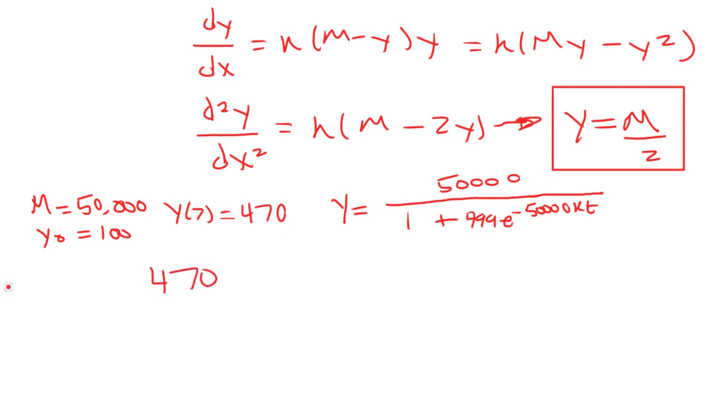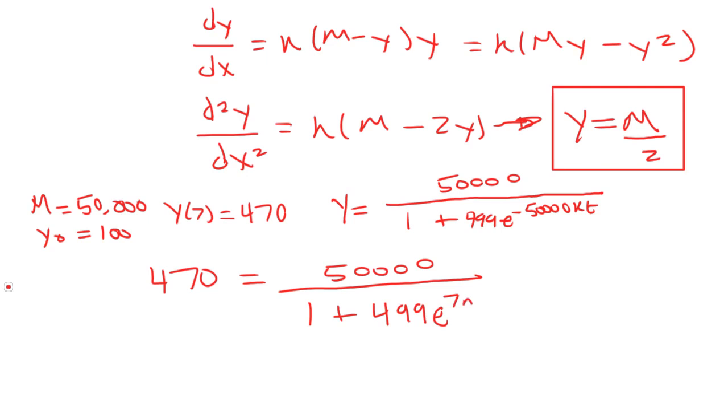So you have 470 equals 50,000 divided by 1 plus 499 e to the 7n, where n is equal to the negative 50,000 k. In this case, you would just need to cross multiply and then solve algebraically in either case.